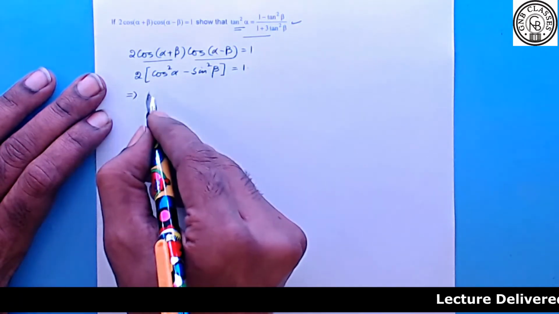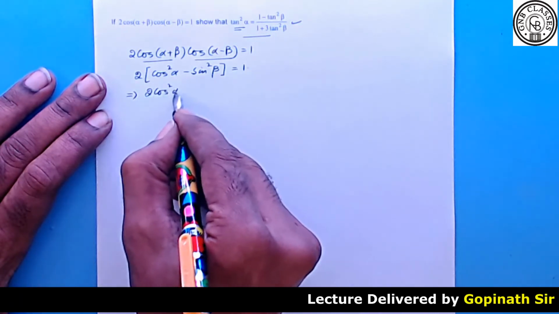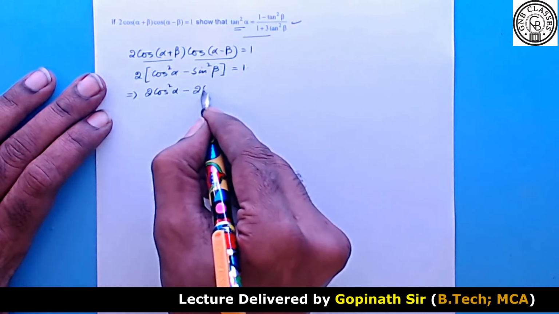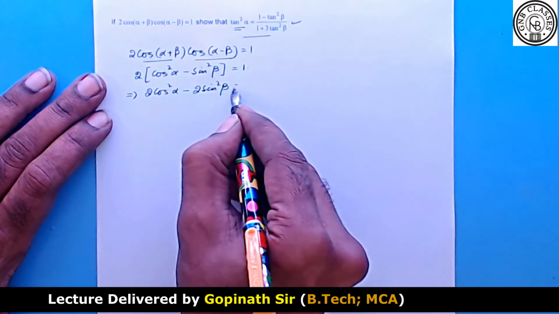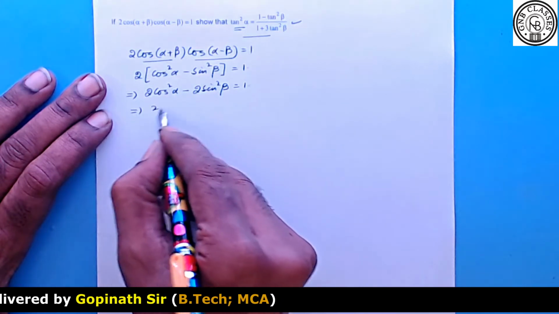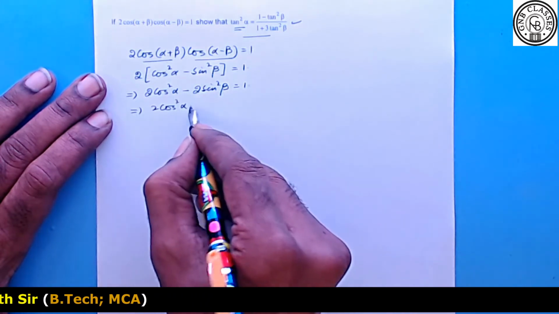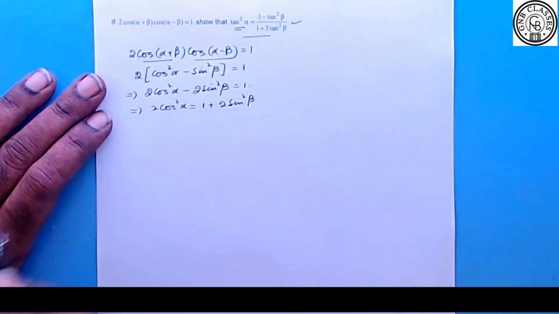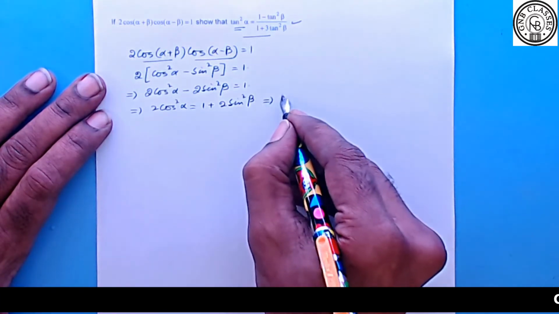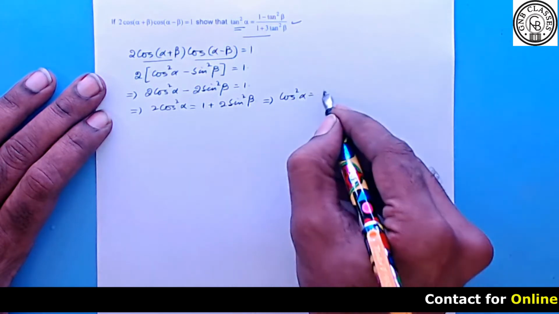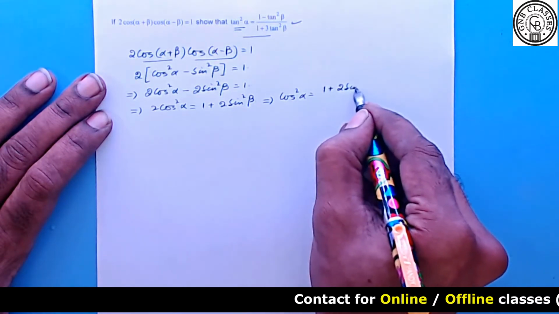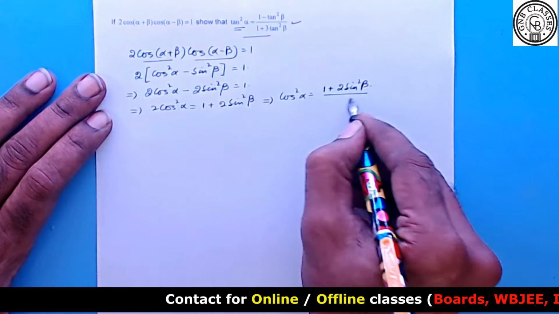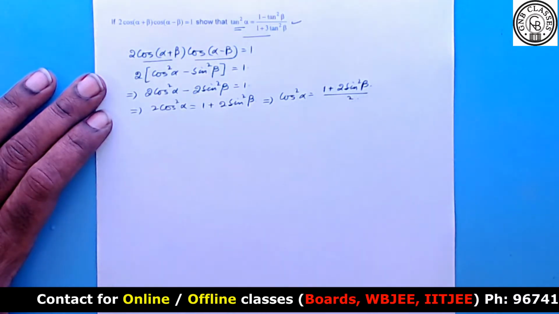So let me multiply: 2 cos square alpha minus 2 sin square beta is 1, which implies 2 cos square alpha is 1 plus 2 sin square beta. So that implies cos square alpha is (1 plus 2 sin square beta) divided by 2. Is it clear or not?